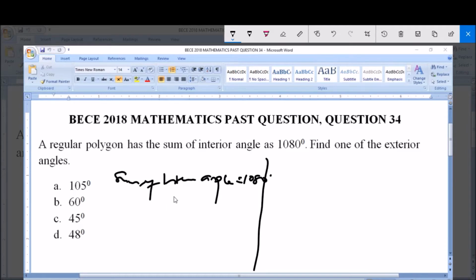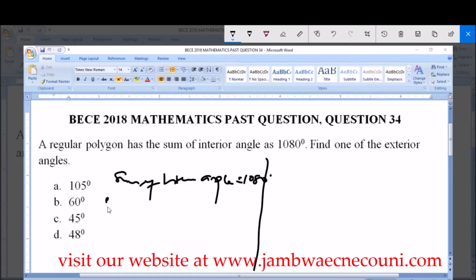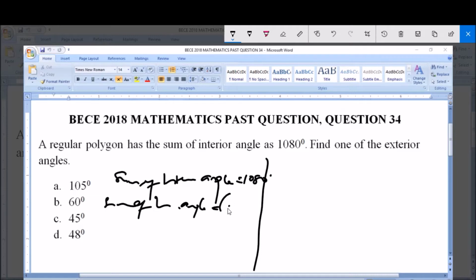And like we know, the formula for finding the sum of interior angle is equal to n minus 2 times 180, where n stands for the number of sides of the polygon, and we are given that a regular polygon has the sum of interior angle to be 1080 degree. So 1080 degree is the sum of the interior angles of this polygon.